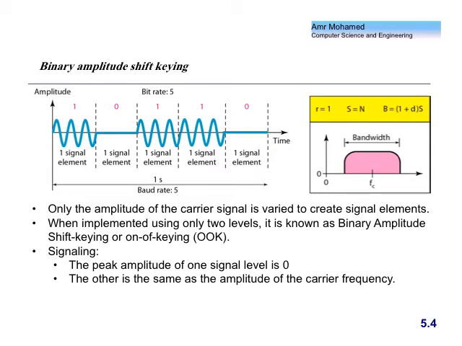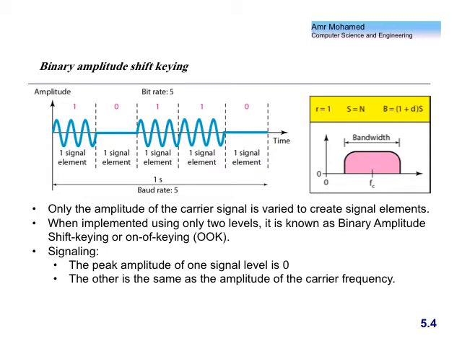So this is the first and the simplest form of analog transmission, which is what we call on-off keying. Okay? This turns out to be very simple in terms of implementation, as we will see. It's just a sine wave, and if I have 1, then I multiply 1 by the sine wave, which gives me the exact sine wave as is.